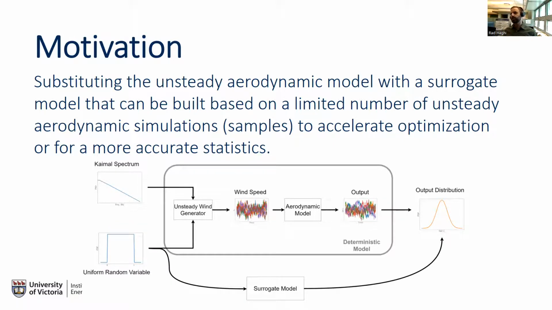Why are we using it? Because in normal conditions, especially for wind turbines or any other physics-based model, if we want to know what's going on in the output in terms of statistics, we have to run our simulation many times. It's expensive. But if you build a surrogate model, which means taking some samples smartly and building a statistical model on that, then running that much cheaper model through a Monte Carlo simulation, we can understand the output distribution much more easily.